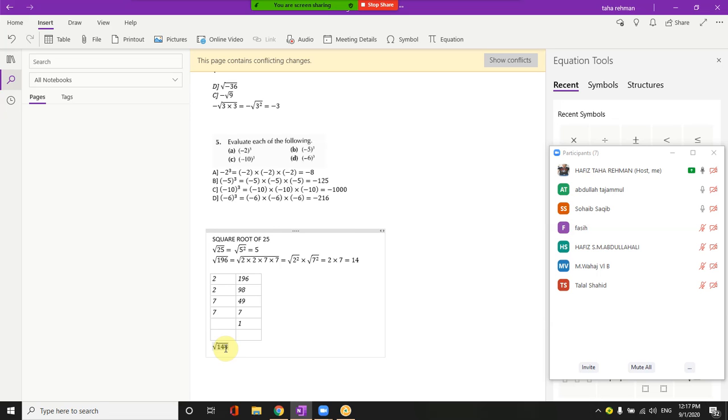Beta, square root of 144. Who will tell me the answer of this question? Hurry up, guys, hurry up.